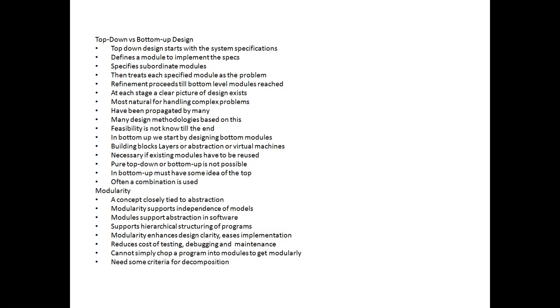Again, the system is modular if it consists of discrete components so that each component can be implemented separately and a change to one component has minimal impact on other components.